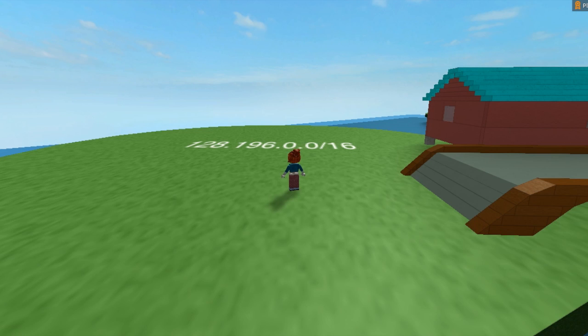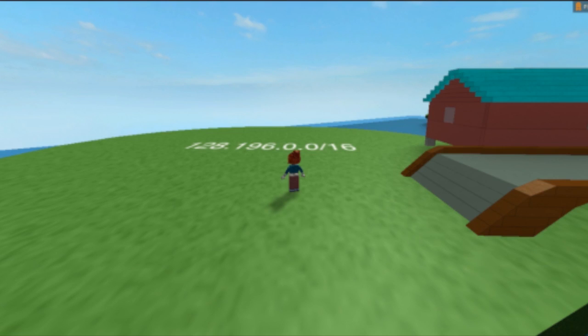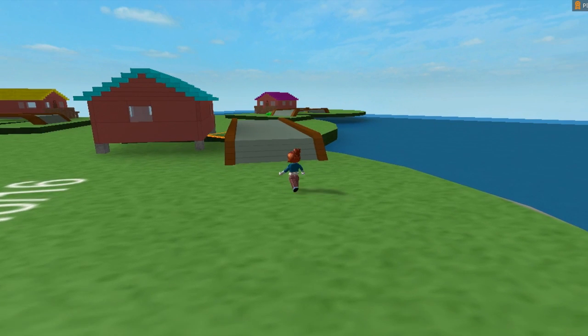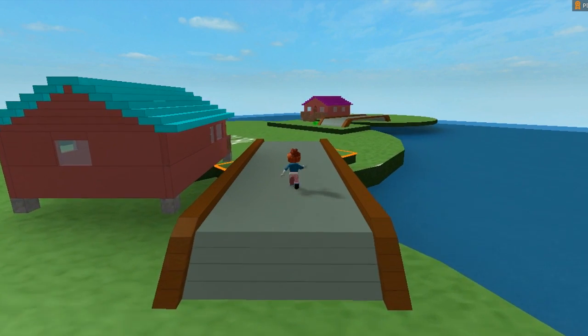Okay, so it looks like the address is 128.196.00. We went over the bridge into area 2, so that's interface 2. And then we walked to one router, so it would be a metric of 1. Right. So what would be our next hop router? It would be router B because we went from our starting point to B. Perfect. Let's go back to our starting place and see where else there is to explore.